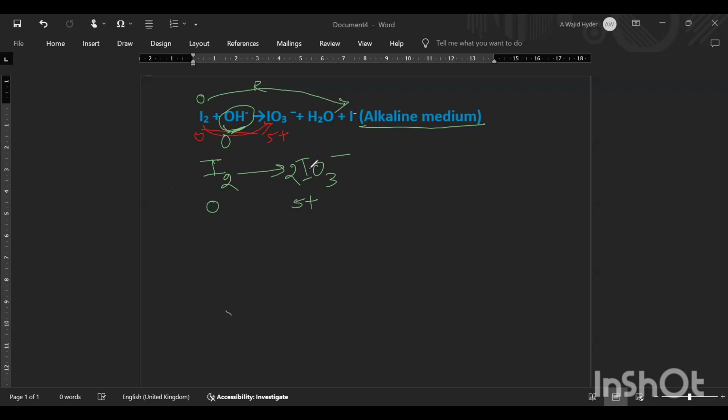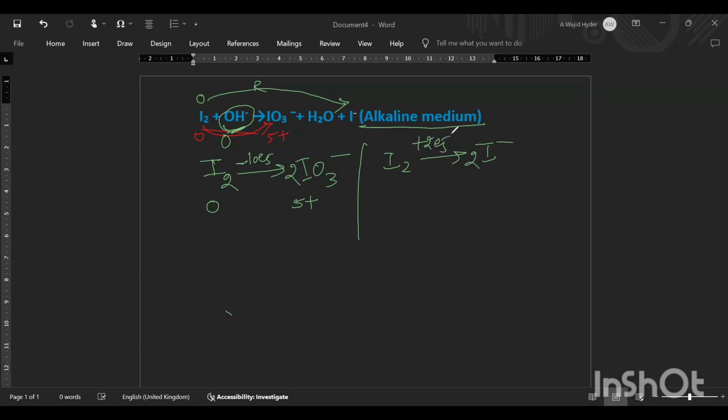One iodine has 5+, so 2 will have 10+. So here 10 electrons are lost. Now in the second part, I2 is changing into I-. Here 2 iodine, here 1 iodine, so you'll write 2I-. So there 2 electrons will be added.